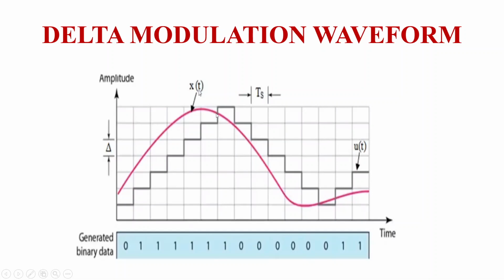At this point the original value is less than the staircase step value, so the staircase is reduced by minus delta and 0 is transmitted, and here the staircase value is greater than the original signal, so it is reduced by minus delta as well as a bit 0 is transmitted. So this is the working principle and how a bit 1 or bit 0 is transmitted in the delta modulation waveform.